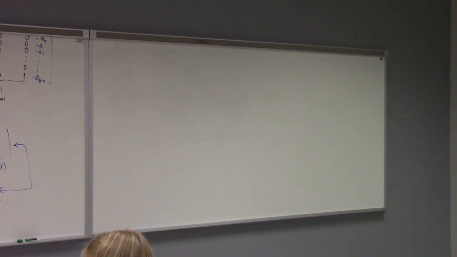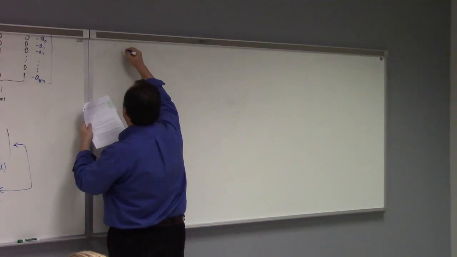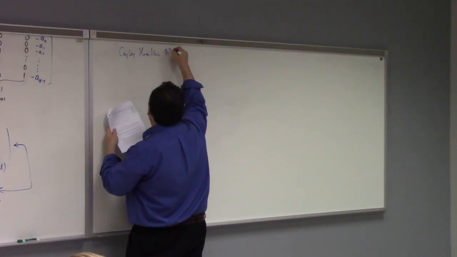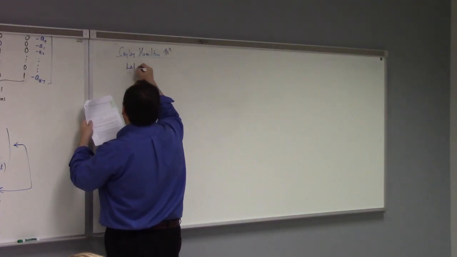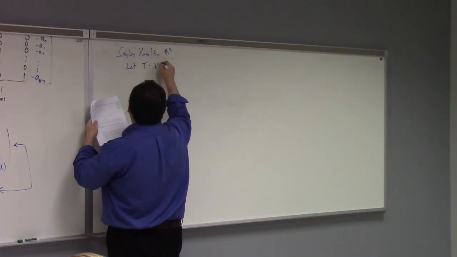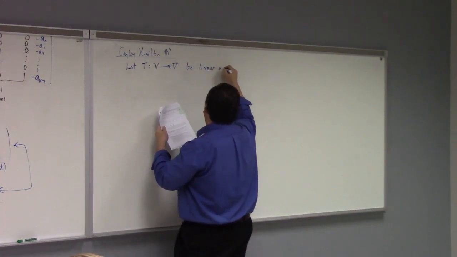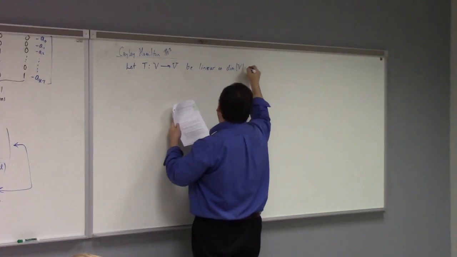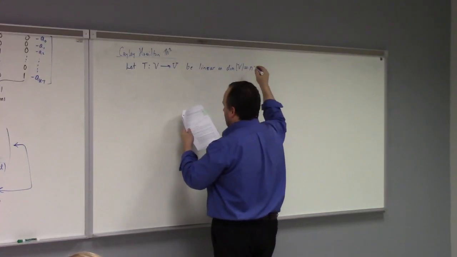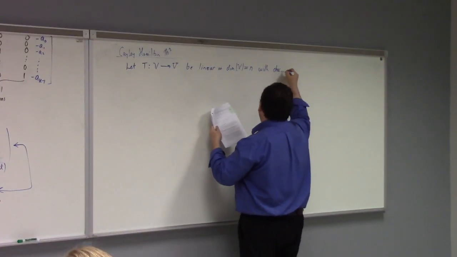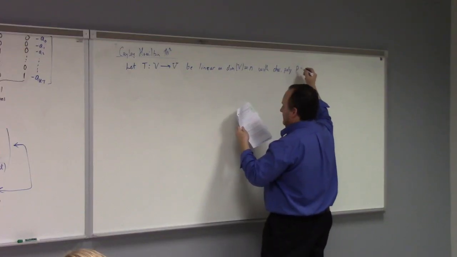So, here we go. Cayley-Hamilton Theorem. Let T from V to V be linear on V, with dimension of V equal to n, with characteristic polynomial p of t.